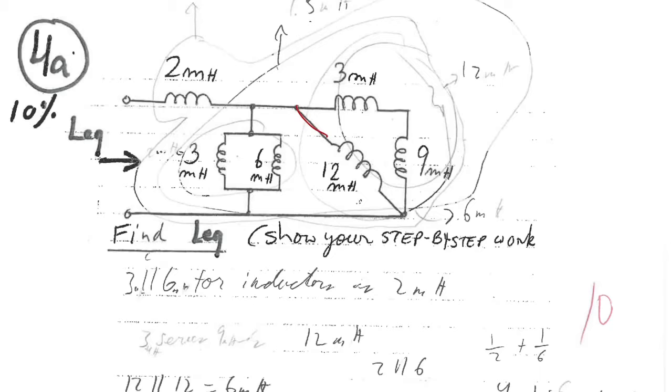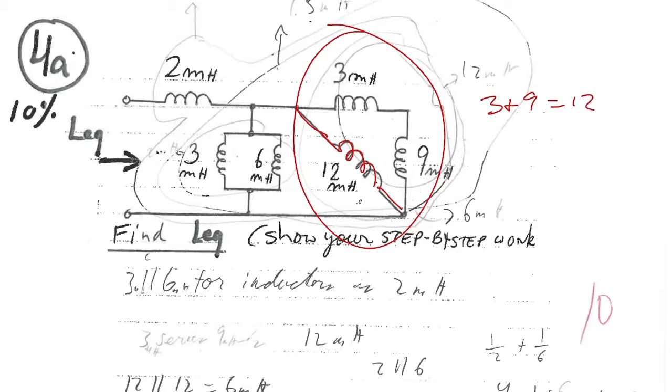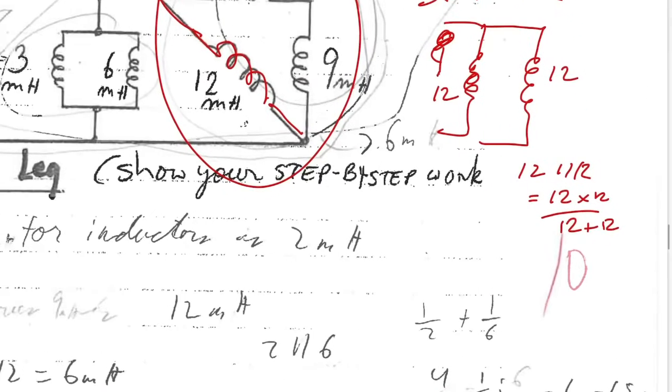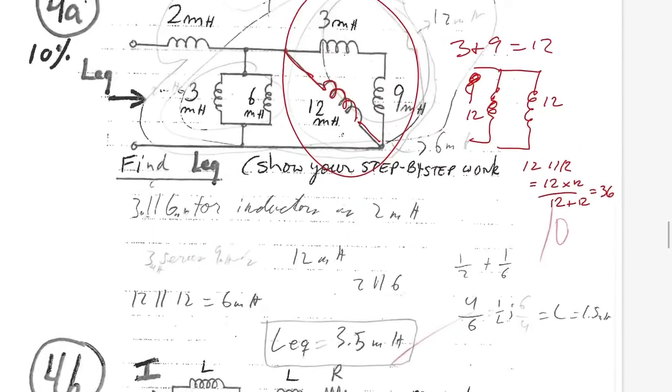Alright, so this one is the same thing. If you remember, when you have a diagonal like this, you treat it just like it's parallel. So looking at this corner here, we can do 3 plus 9, which is equal to 12. And so essentially we're looking at it like this, and this is a 12 here, and this is a 12 here, and so 12 parallel 12 is equal to 36.